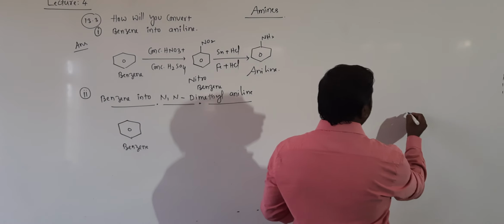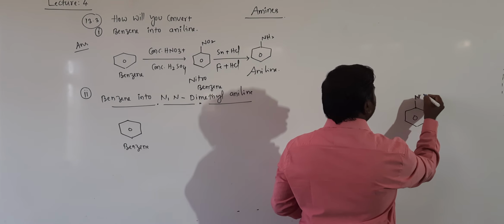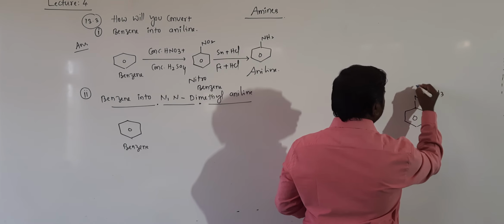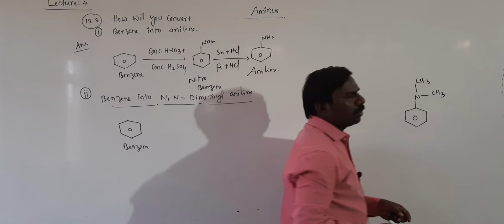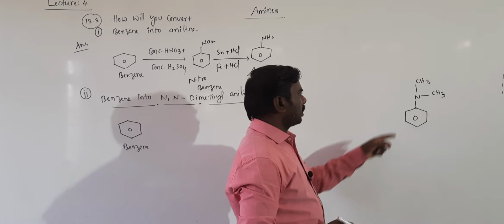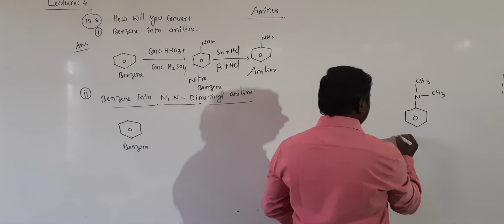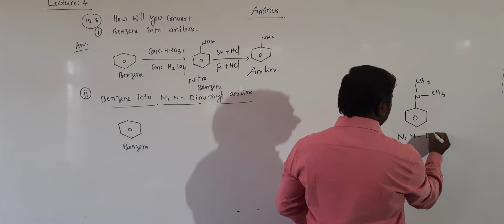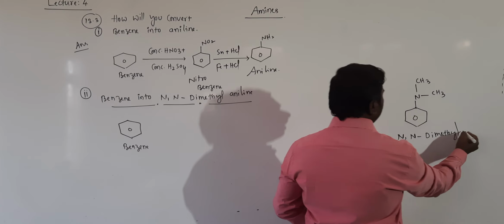N,N-dimethylaniline is your product. N, with CH3 and CH3. On the N position there are 2 methyl groups. That's why N,N-dimethyl, and this ring and N is taken as aniline.